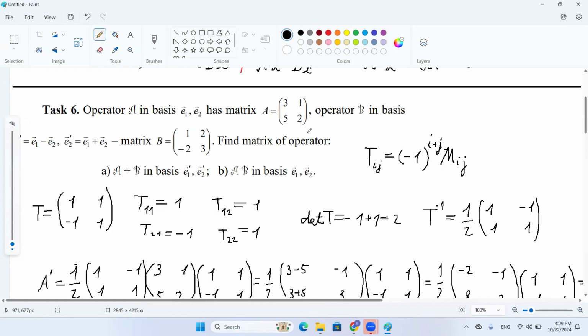Well, we need to find matrix B in basis E1 and E2 instead of E prime, because we know it already in the prime basis. And do we need another transition matrix T, or is this matrix enough for us?